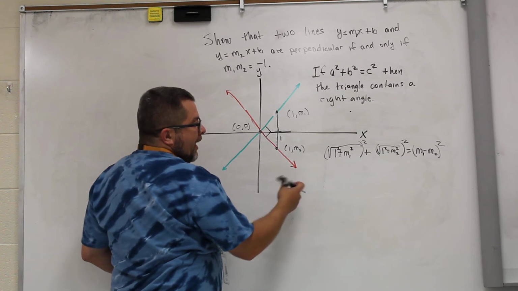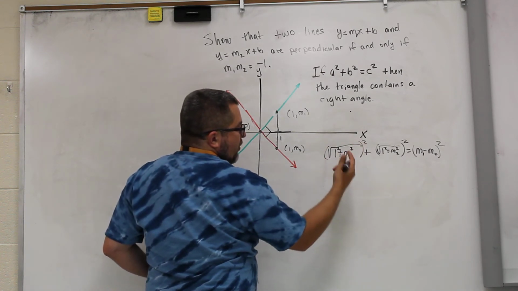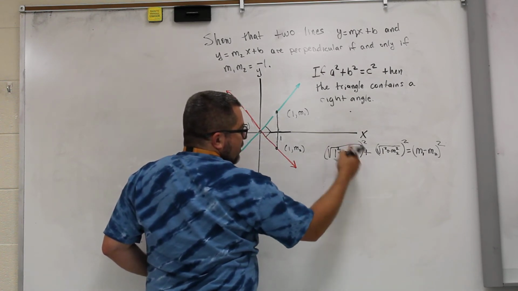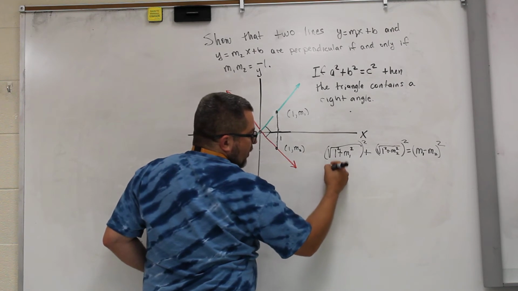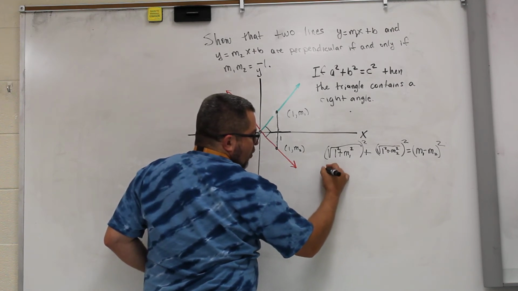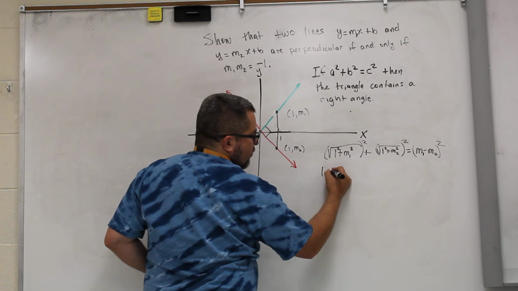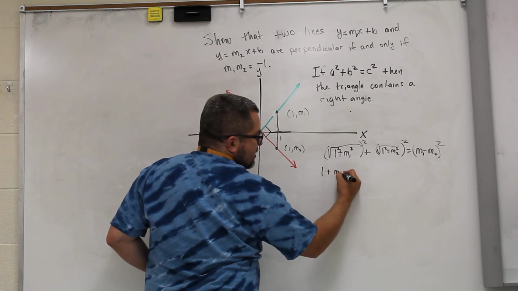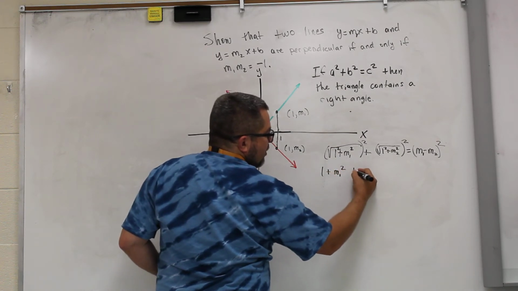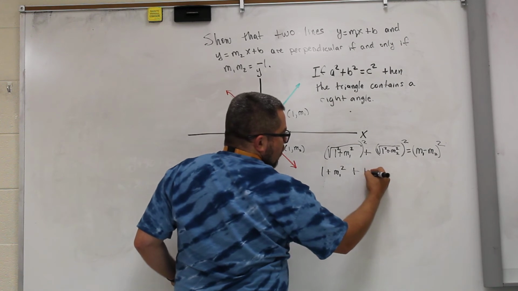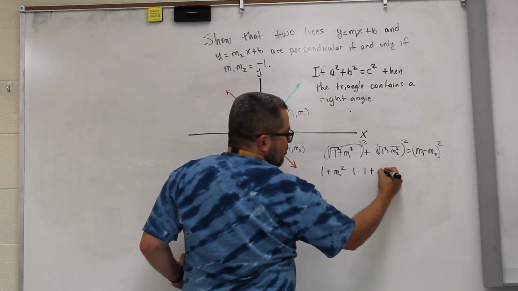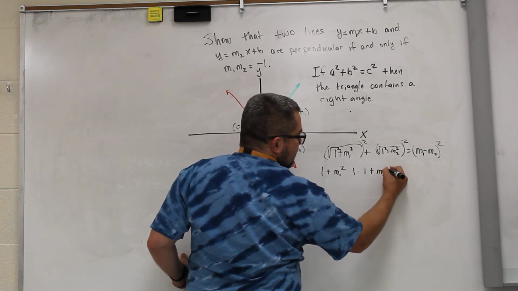So with a little algebra, squaring a square root gets rid of the square root and we're left with what's underneath. We got 1 squared, which is 1, plus m1 squared, plus 1 squared is 1, plus m2 squared.